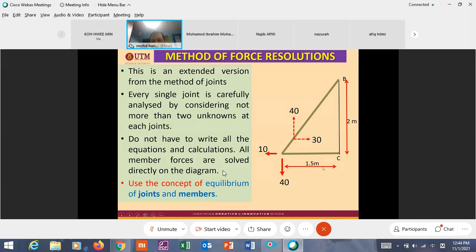Why is it 30? Because the ratio between the horizontal and vertical dimension of this member is 3, 4. So if it is 40, it should be 30.